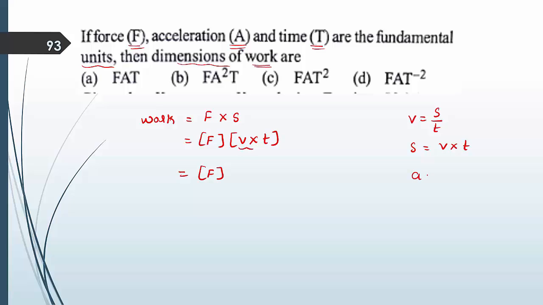See here, what is acceleration? Rate of change of velocity. A equal to V by T. V equal to A into T. So in place of V, I can write A into T into T. So we will get F A T square. So this is the dimension of work. F A T square means option C is right.